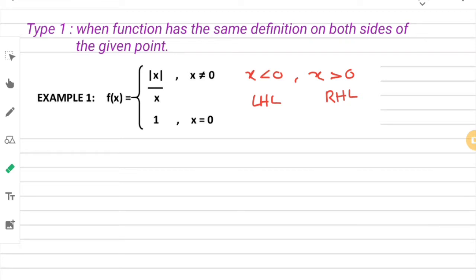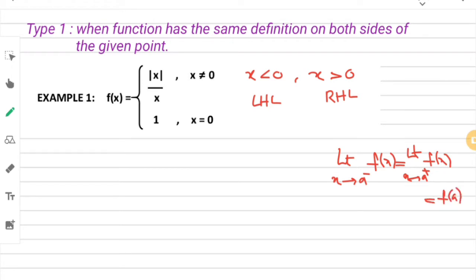For finding whether this is continuous or not, we have to check that limit x tends to a minus of f of x is equal to limit x tends to a plus of f of x is equal to f of a.